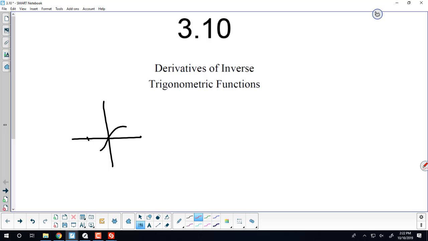And the biggest concept behind a function versus its inverse is that interchanging of x and y. So the domain of the function becomes the range of the inverse, and the range of the function becomes the domain of the inverse, because the x and y have swapped places. The way we chose the restriction might have seemed arbitrary. Why would I choose that part of sine?